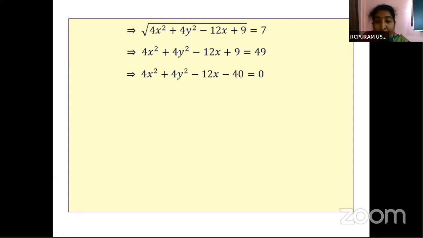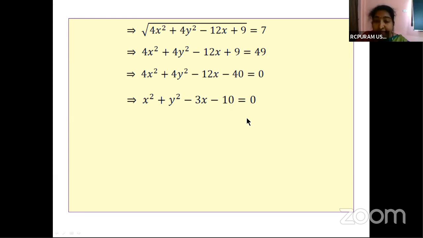Now you can take 4 common throughout the equation. Then you will have it as x square plus y square minus 3x. 4 is out, isn't it? Then minus 10 is equal to 0. Now, if you observe this equation carefully, it is a second degree equation where the coefficient of x square and coefficient of y square are same, and you have some 2gx and 2fy terms also and one constant.